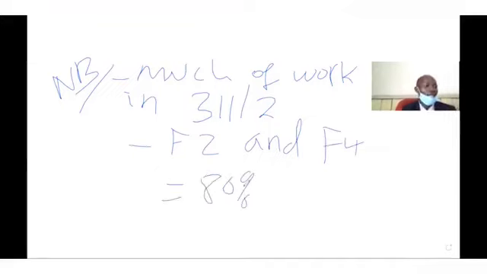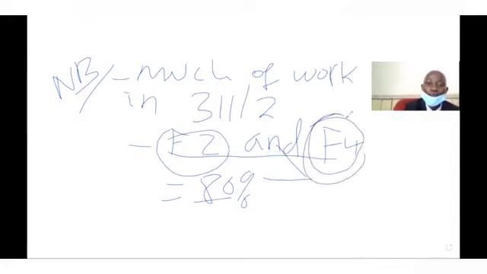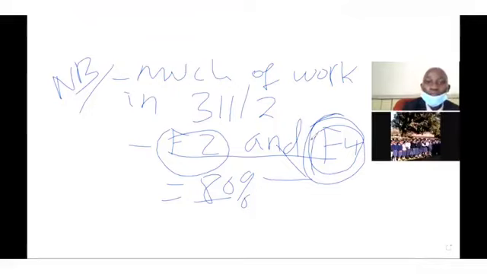Sometimes, like in the 2019 K.C.S.E., Form 2 work was tested at 9% and Form 4 work at 54%. So if you want to pass in Paper 2, you must prepare in Form 2 and Form 4 work, which is very, very important. And I have already shown how the questions are distributed.